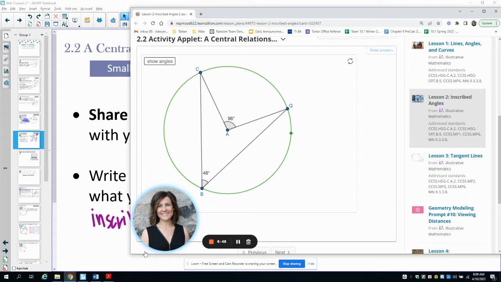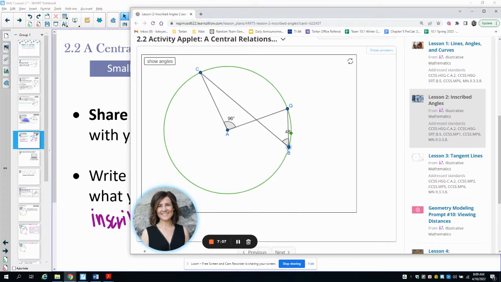So here's a little applet, and we've got the angle measures shown. The central angle is 96, which we would know is the same as this arc. And then here's the angle. As I move B, you'll notice that the angle measure isn't changing. No matter where point B is along this arc. And can I change it? Certainly, if I move this central angle.